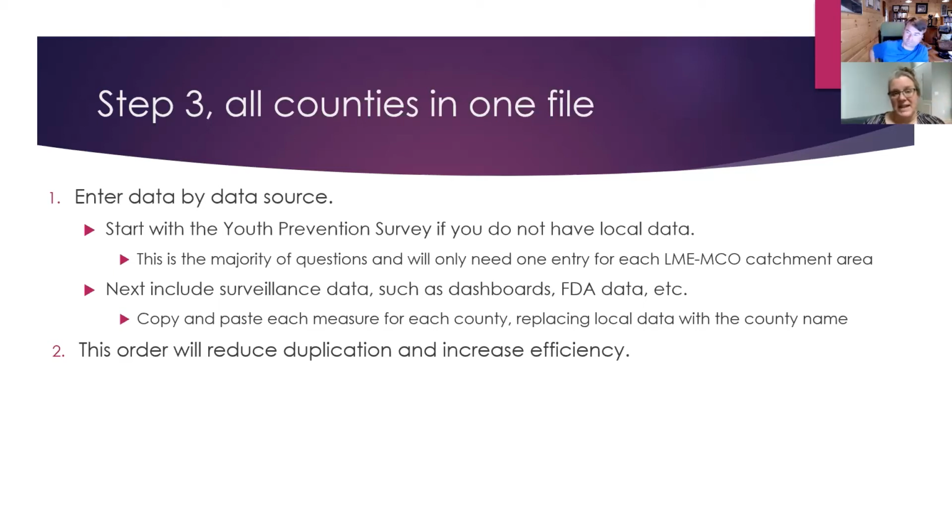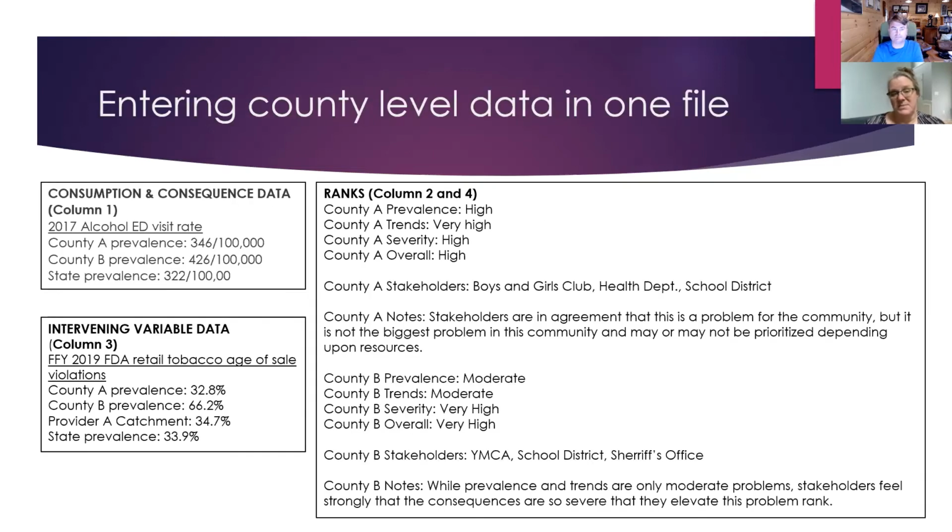And I believe on the next slide, Jamie, there are some examples of how we do that. So this is an example of how things would look for each column of the assessment. In the first box on the left-hand side, we have an example with alcohol ED visit rates. If you were going to include multiple counties, you would just say County A prevalence, County B prevalence, state prevalence.